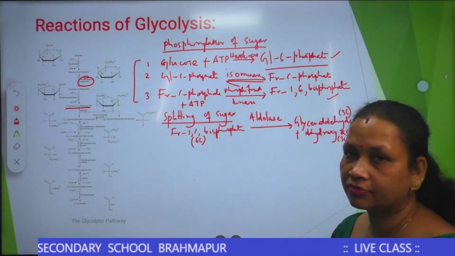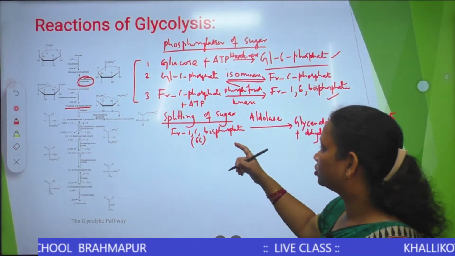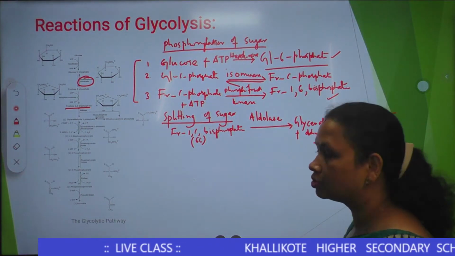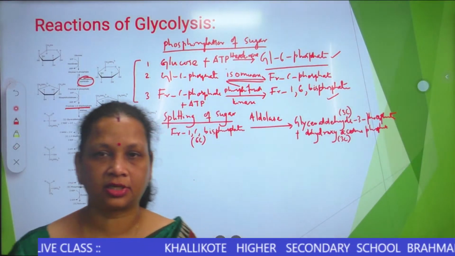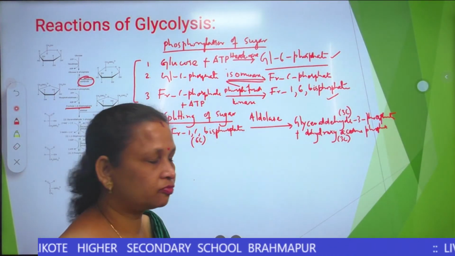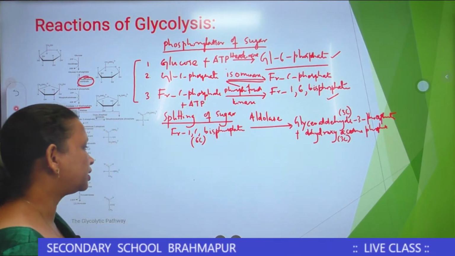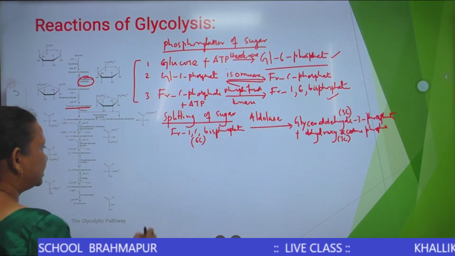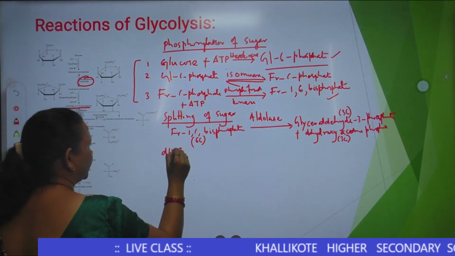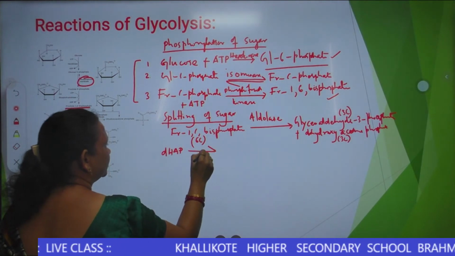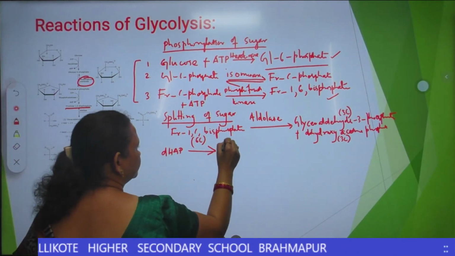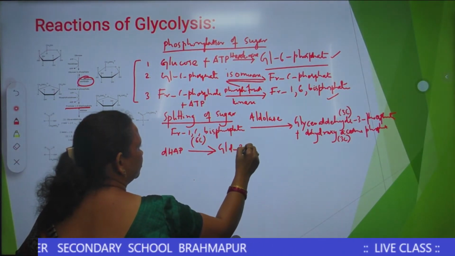So, in the presence of the enzyme aldolase, the fructose 1,6 bisphosphate molecule gets divided into 3 carbon glyceraldehyde 3 phosphate and 3 carbon dihydroxyacetone phosphate. Here a reversible reaction takes place. Dihydroxyacetone phosphate gets converted into another molecule of glyceraldehyde 3-phosphate.